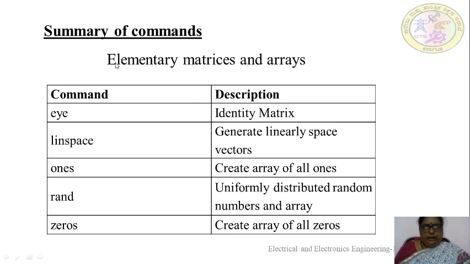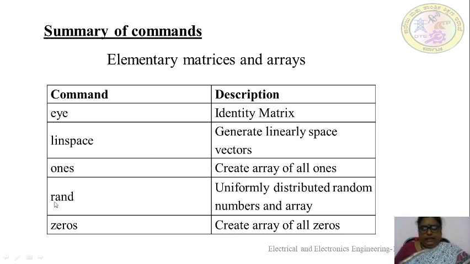The next table gives us the elementary matrices and arrays. The eye command gives the identity matrix. Linspace generates linearly spaced vectors. Ones will create arrays of all ones.